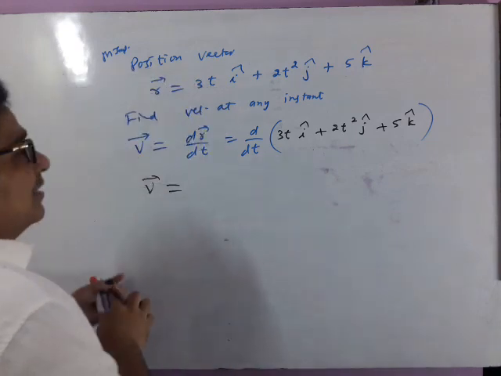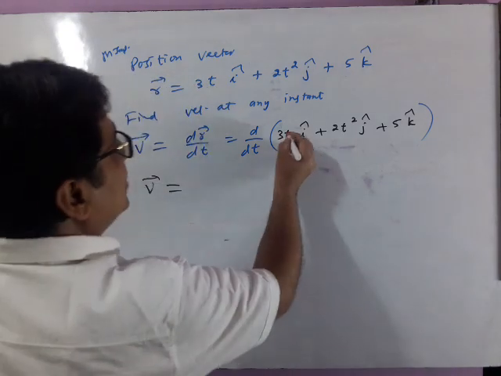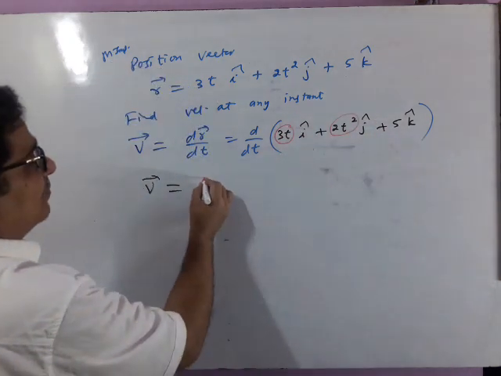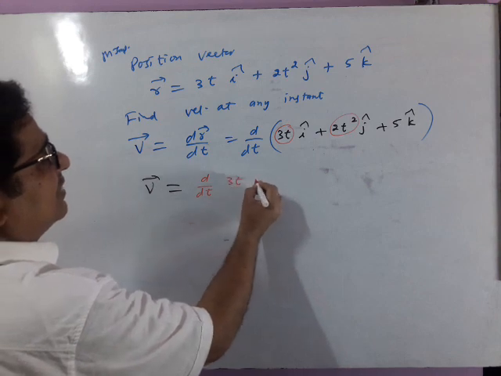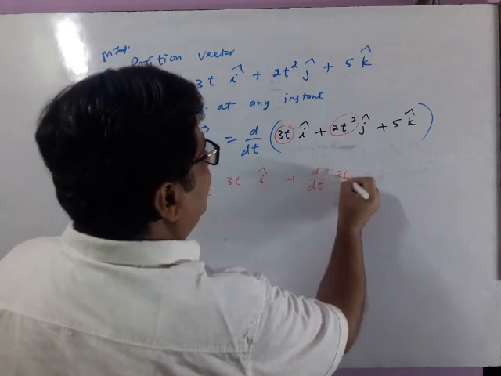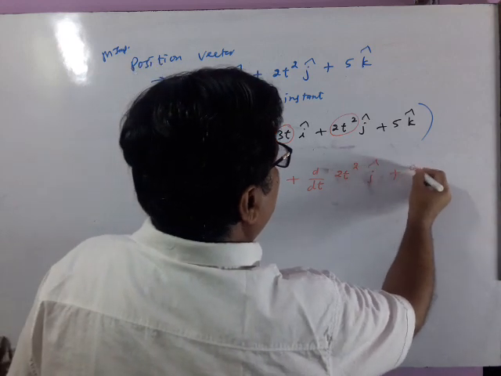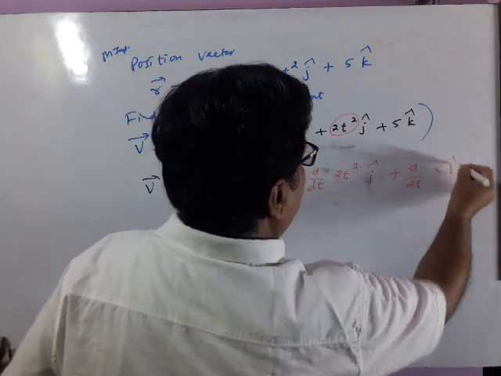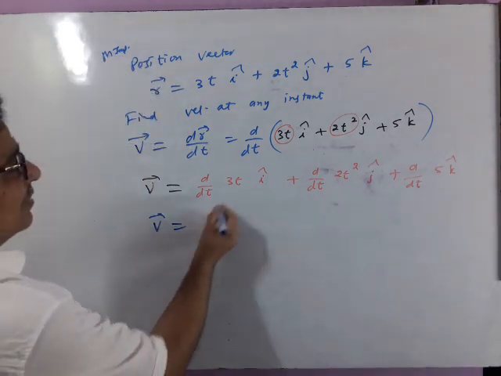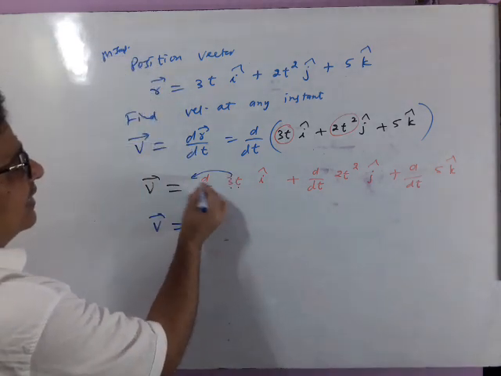Now differentiate. While differentiating, just focus on this. See, I split it into 3 parts: d/dt of 3t i cap plus d/dt of 2t square j cap plus d/dt of 5k cap. Now see, this is 3t. 3 is constant, taken out.